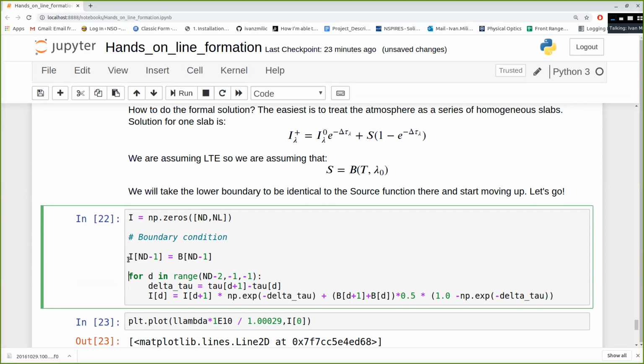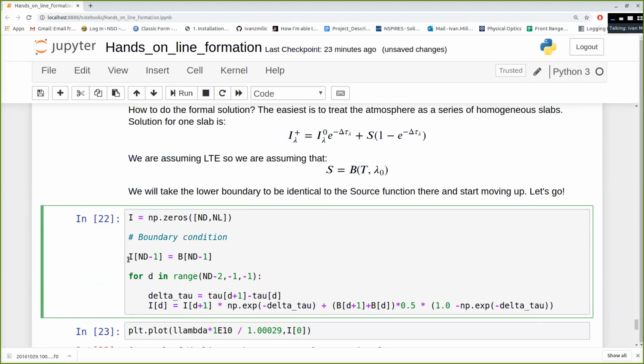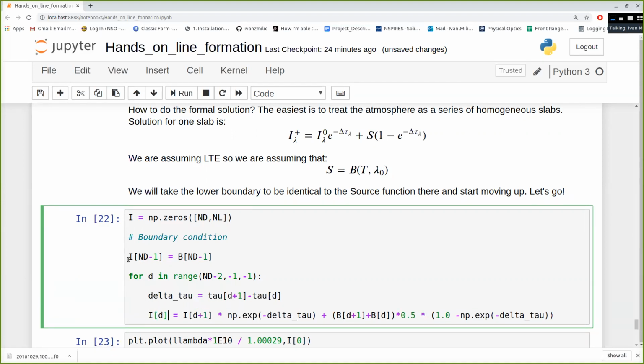So I'm going to start then basically from the next layer, and I'm going to say, okay, first calculate the optical distance at that wavelength. So this is going to do all wavelengths simultaneously, basically calculate the optical thickness of this layer that I'm looking at, and then calculate the intensity coming from this layer as the previous intensity times e to the minus delta tau plus this B of d plus 1 plus B of d times 0.5, which is some sort of mean source function in this layer, and finally times 1 minus e to the minus delta tau.